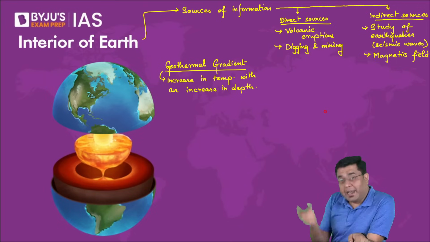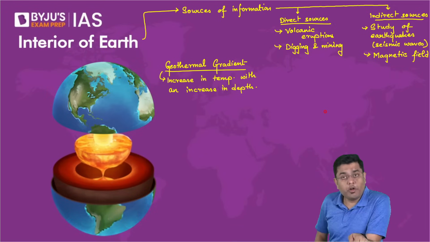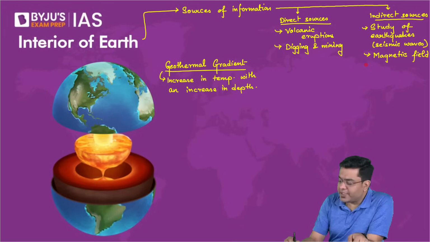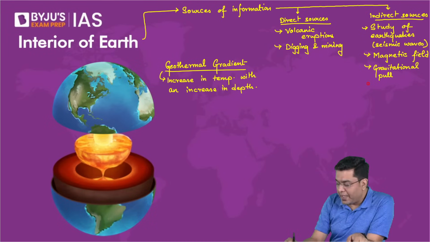By that, we get an idea whether the interior structure is changing at all or not. Then you have the study of the gravitational force. Gravitational pull at various different places of the planet. That also gives you an idea about the curvature, about the shape of the planet in detail. And then after that, we also get an idea from the study of meteorites.